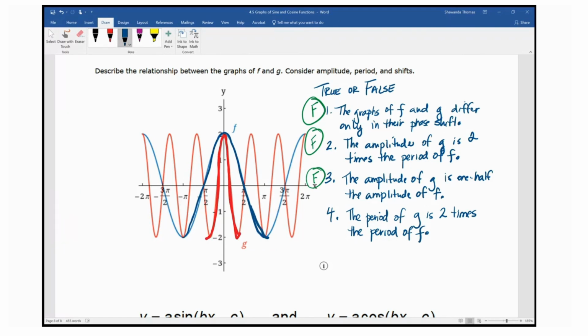We compare this cycle right here to this cycle. Then it's the reverse. Isn't the period of F like 2 times the period of G? Y'all see? G is not bigger than F. G is smaller than F.